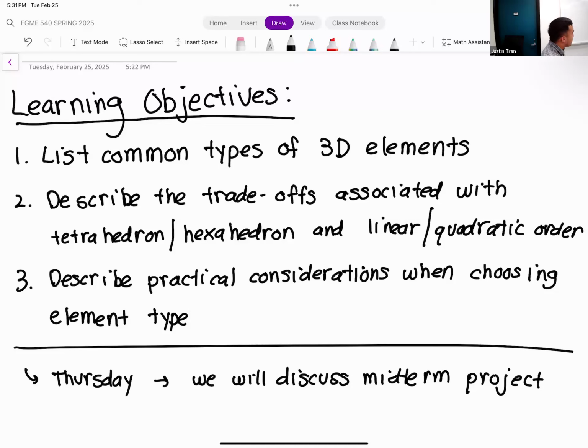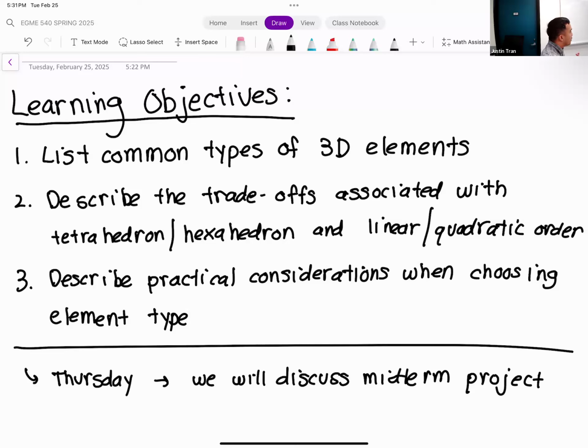But just to give you a heads up, the plan for the midterm project is for you to do something like the ANSYS activities, but all on your own. So, for all the activities so far, I've held your hand a little bit in terms of telling you what mesh settings to apply, what boundary conditions to apply, what results to look at, how to present the results. For the midterm project, you guys are going to be doing a lot of that on your own. So I'm going to give you the geometry, and you're going to be running your own finite element analysis.